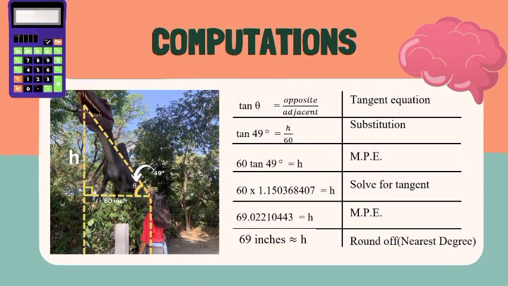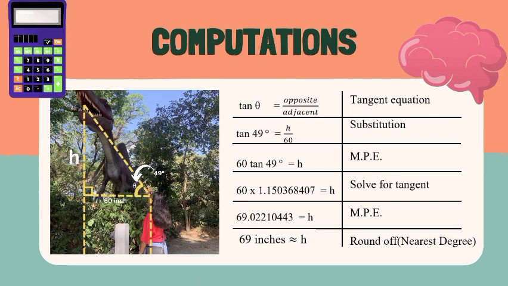To compute for the height of the dinosaur, we are going to use the tangent equation, which is tan theta is equal to opposite over adjacent. And by substituting the values, we get tangent 49 is equal to height over 60. Secondly, we are going to apply the multiplication property of equality and we'll get 60 tangent 49 equals height.